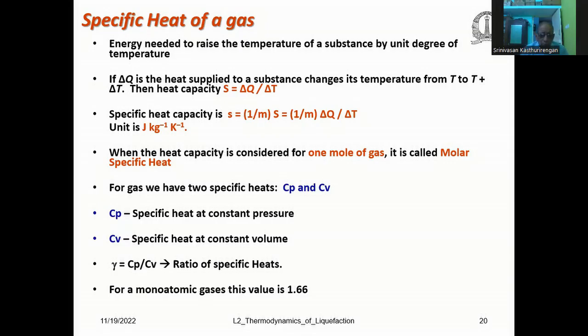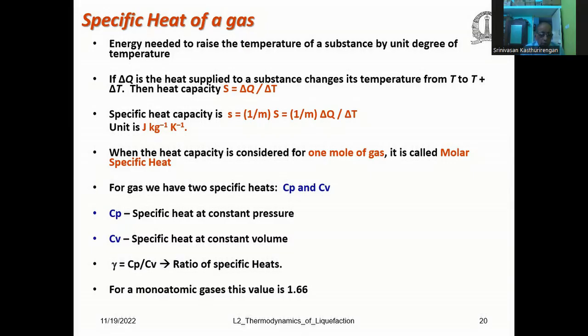Heat capacity can be defined as delta Q by delta T, where delta Q is the heat supplied to a substance to change its temperature from an initial value of T to T plus delta T. Specific heat capacity is that for unit mass, or 1 by m into delta Q by delta T. The units are joules per kilogram per Kelvin.